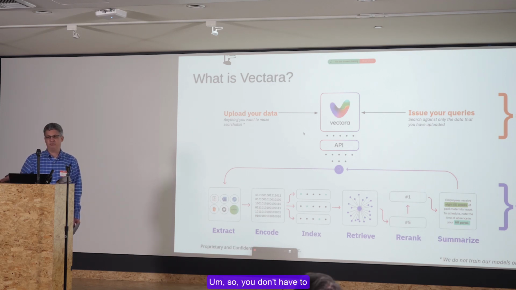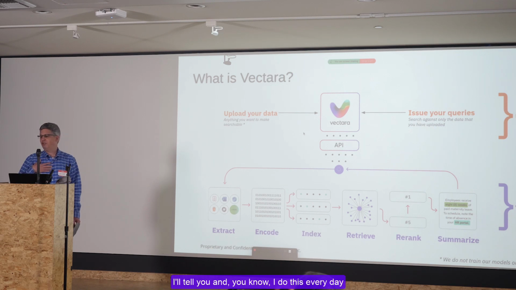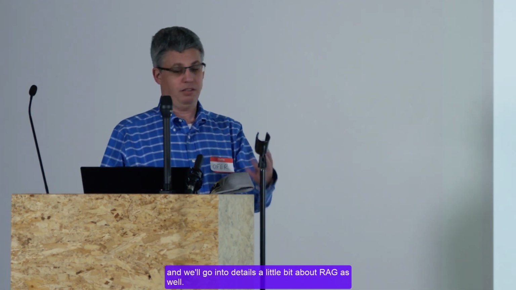So you don't have to really understand this in a lot of detail and be experts in this, which honestly is quite complex. I do this every day, and I still get confused about all the stuff that's happening every week in this space. It's mind-boggling. So this is what Vectara does, and we'll go into details a little bit about RAG as well.